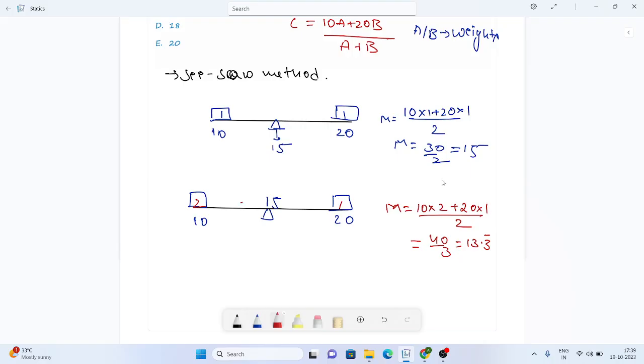So the mean shifts this side because the weight of A is more, okay? So the mean shifts toward the side of 10. Now in the third case, with 15, 10, 20, I provide more weight to B, okay?